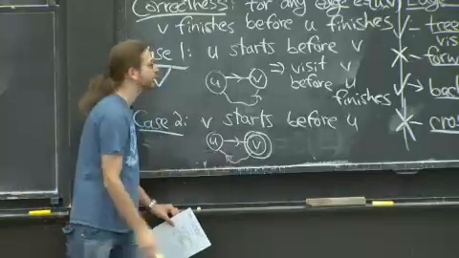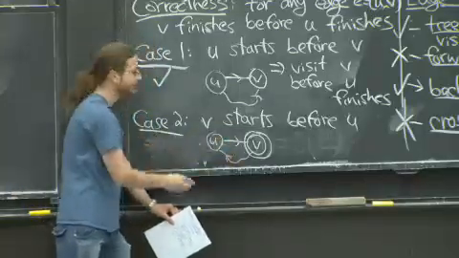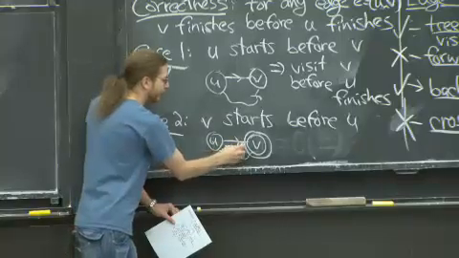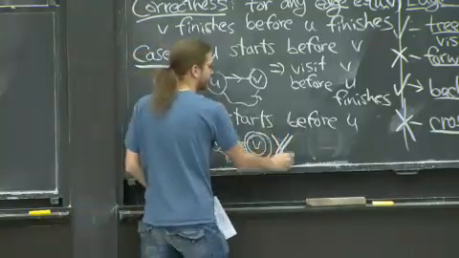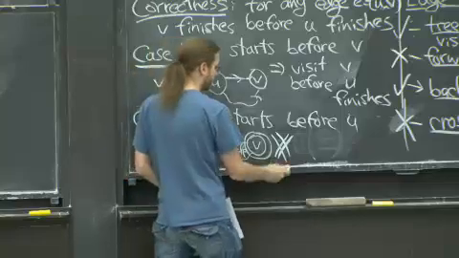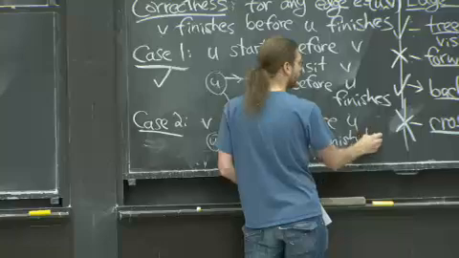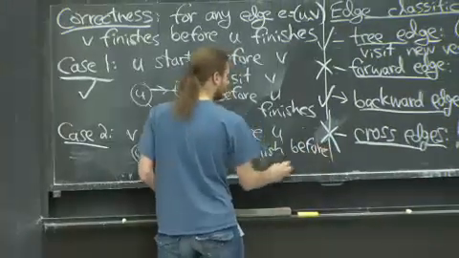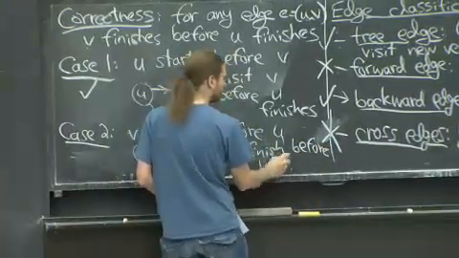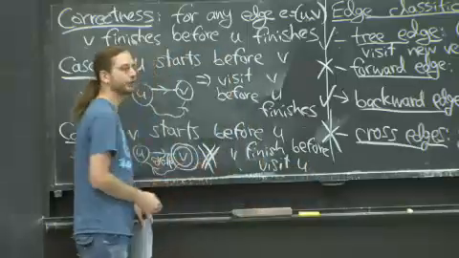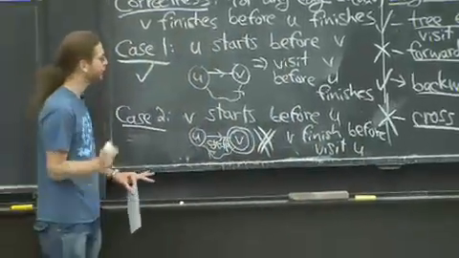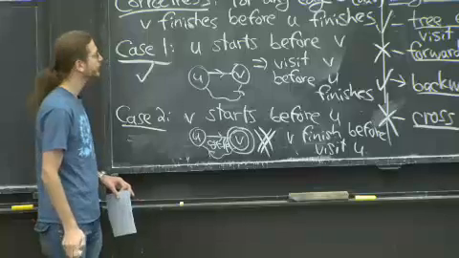Because there's a back edge somewhere here. In particular, the graph would have to be cyclic. This is a cycle. So this can't happen. A contradiction. So v will finish before we visit u at all. So v will still finish first, because we don't even touch u, because there's no cycles.